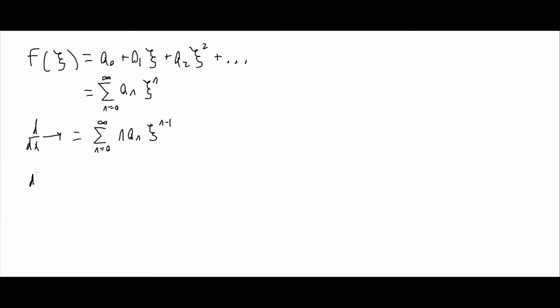And if we do the second derivative with respect to Xi, I put x's here, but you can just know that this is with respect to Xi, we go from n equals 0 to infinity, and now we pull down an n minus 1 here, so what we end up with is n times n minus 1 an, and then we have our Xi to the n minus 2 here.